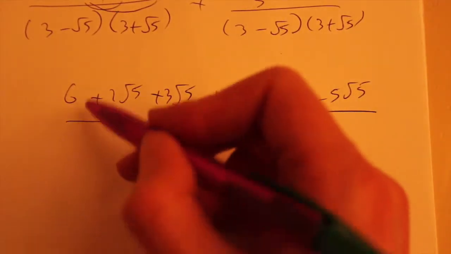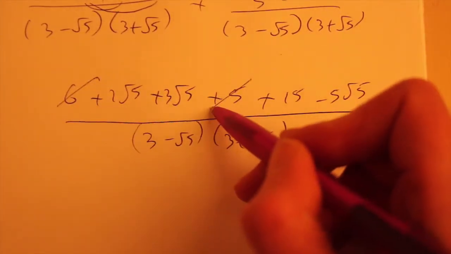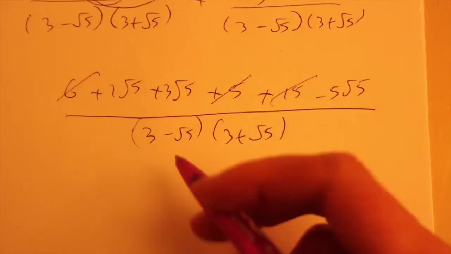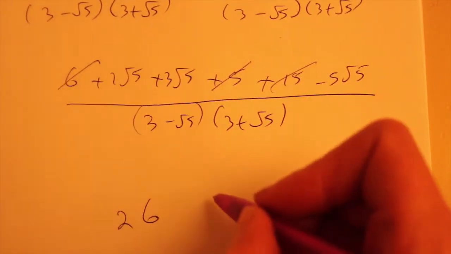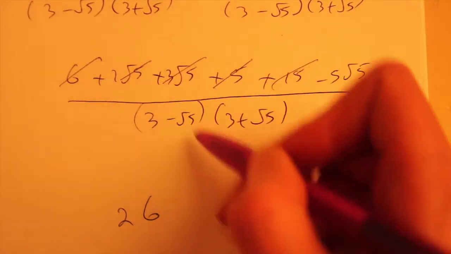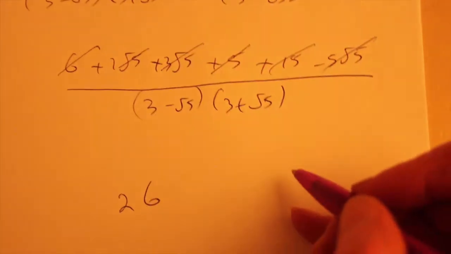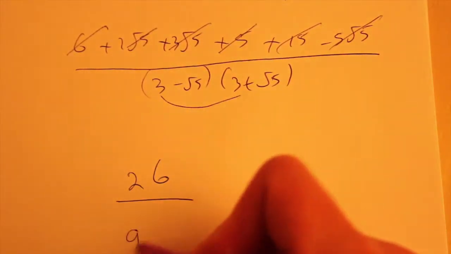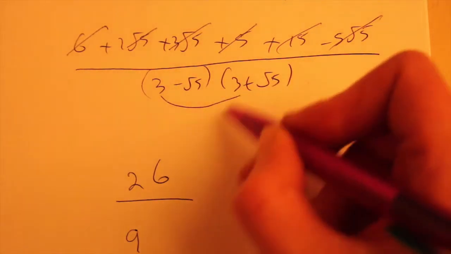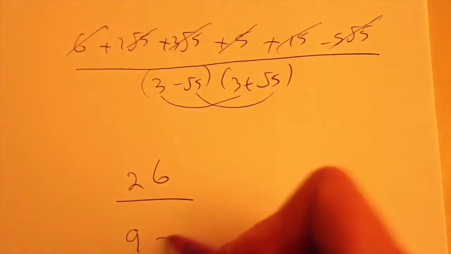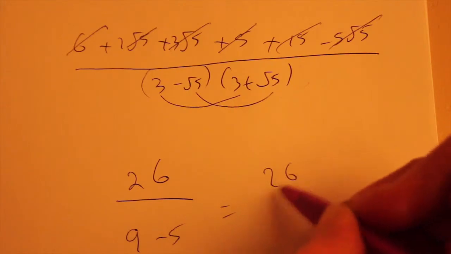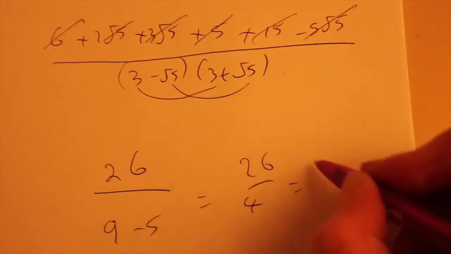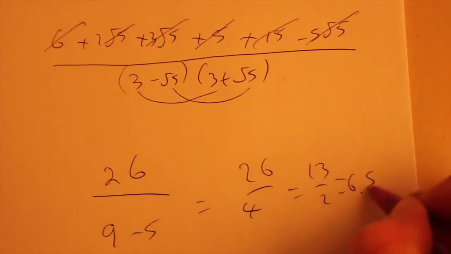So tidying this up, 6 add 5 is 11, 11 add 15 is 26. 2 root 5 add 3 root 5 is 5 root 5, take away 5 root 5 has gone. Over the bottom line, 9, 3 root 5 minus 3 root 5 disappears as it should do, minus 5. So it gives you 26 over 4, which is the same as 13 over 2, which is 6.5.